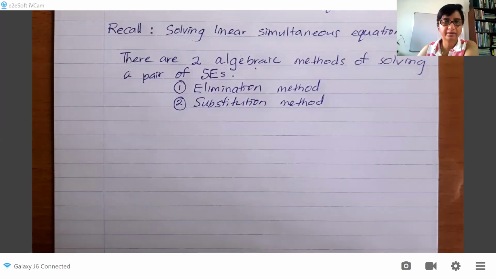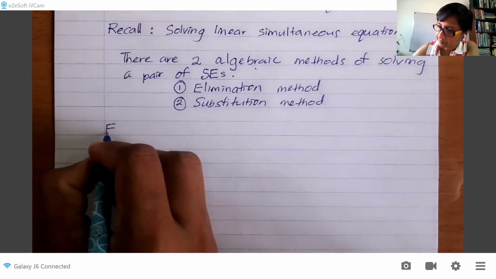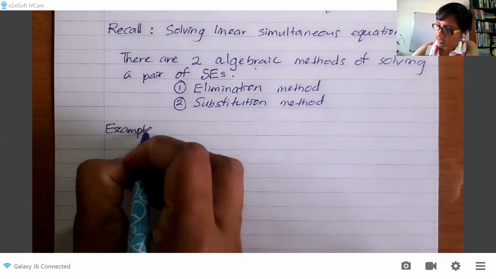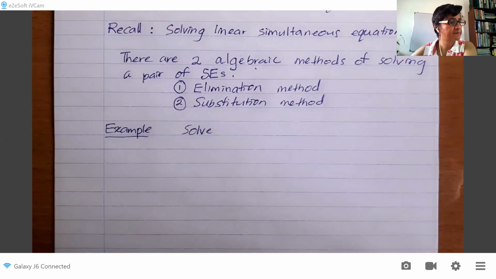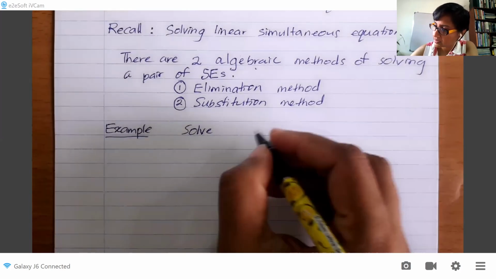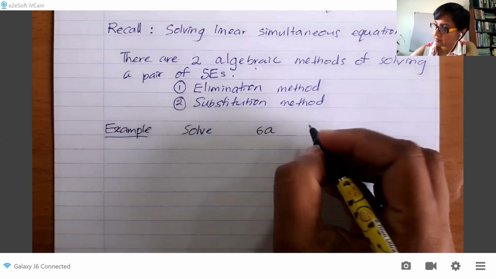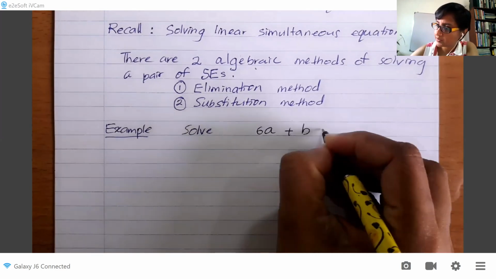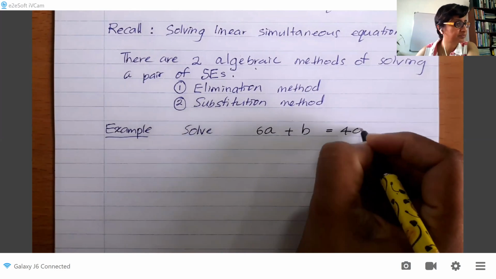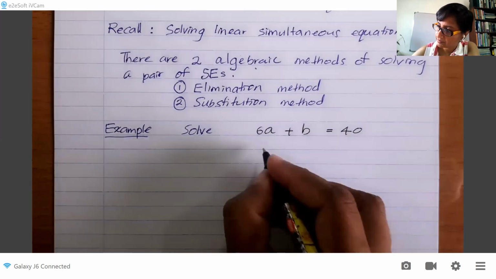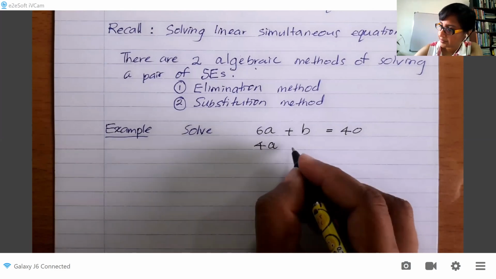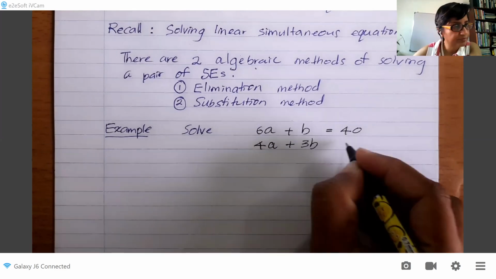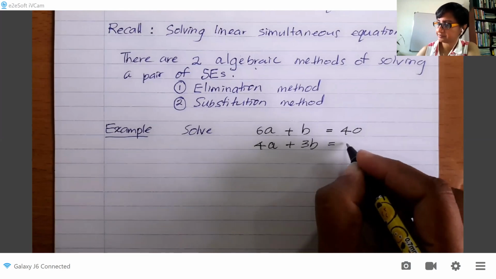So, example. Let us do one example. If I say solve, here are the two equations: 6a plus B equals 40, and 4A plus 3B equals 36.